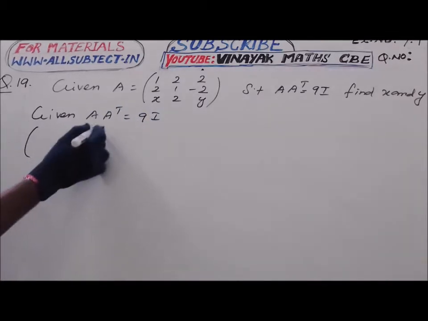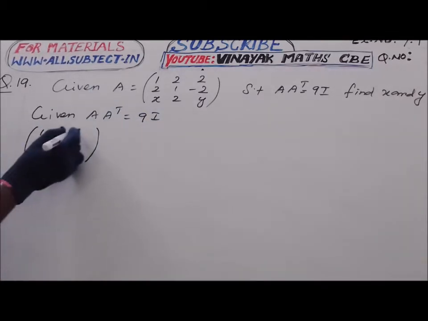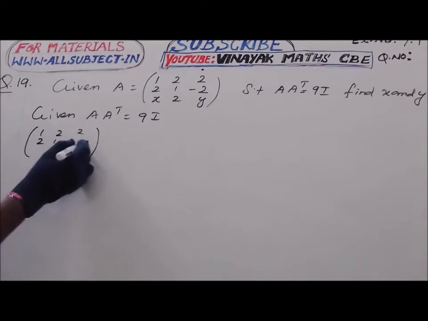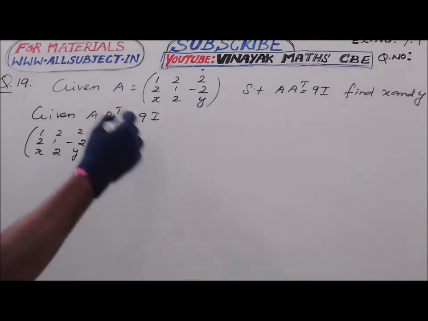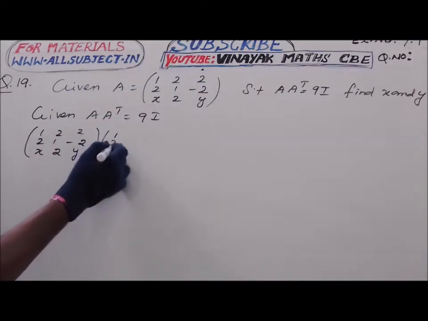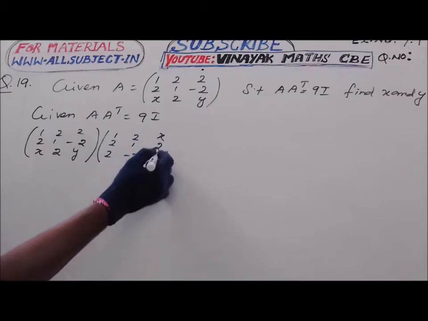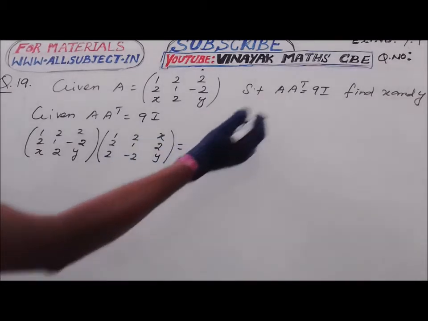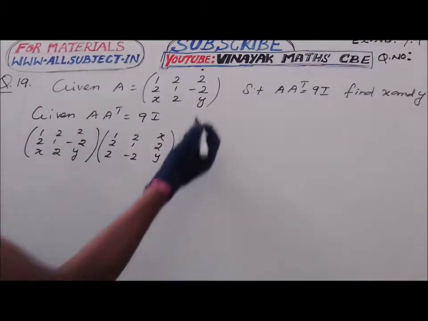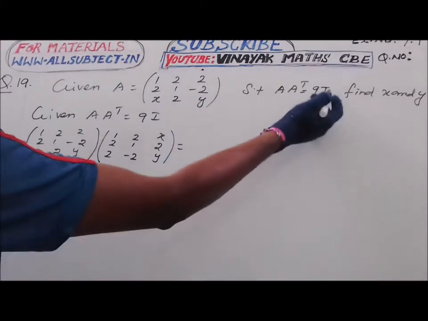So A into A transpose: [1, 2, 2; 2, 1, minus 2; x, 2, y] into A transpose, interchanging rows into columns, [1, 2, x; 2, 1, 2; 2, minus 2, y], equal to 9 times unit matrix of the same order. This is I3.